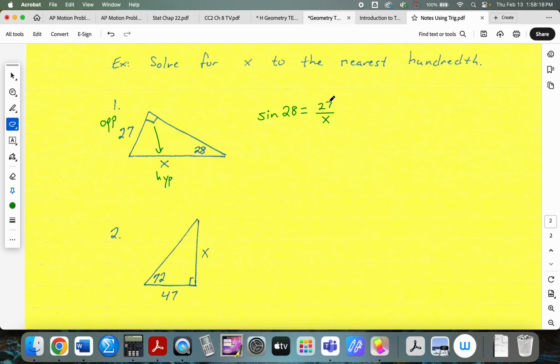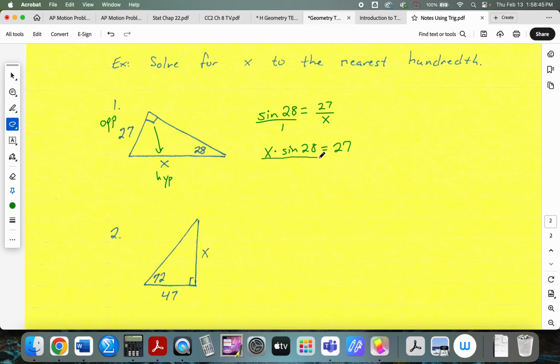So again, sine is opposite over hypotenuse. We'll put this over 1 and cross multiply. We'll get x times the sine of 28 equals 27. What do we do to solve that?